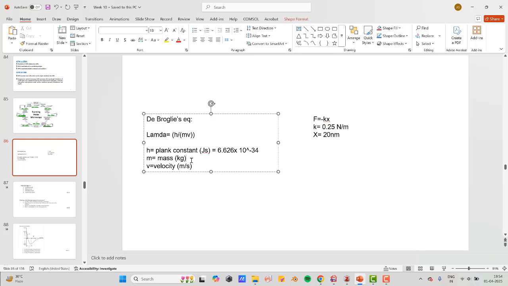Can you tell me the mass in this problem?